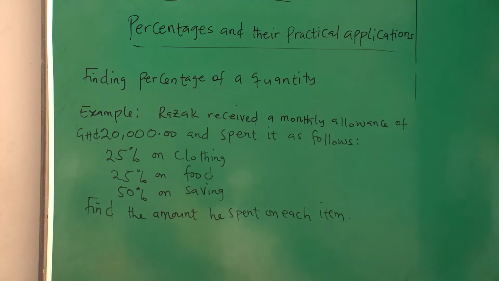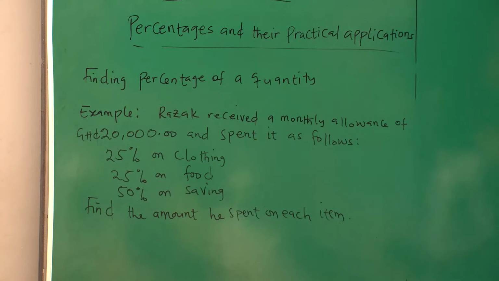Now we have, as shown on the board, Razak received a monthly allowance of 20,000 Ghana cedis and spent it as follows. He spent 25% on clothing, 25% on food, 50% on saving. Find the amount he spent on each item.